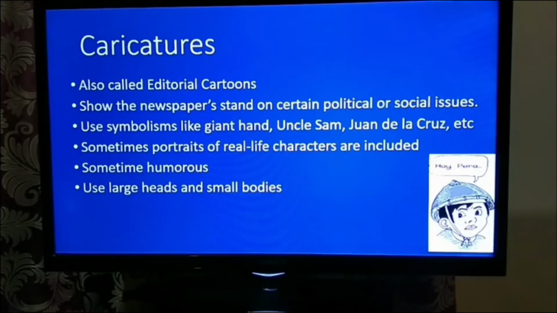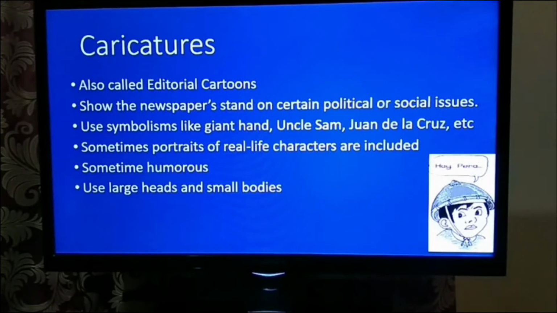Like for Duterte, maybe he has a large nose, or GMA has large front teeth and a mole on the cheek. And Erap would have that big hair with the patilla. President Ramos would have a cigar in his mouth and a large balding forehead. So those are examples of real-life characters with large heads and small bodies in caricatures.